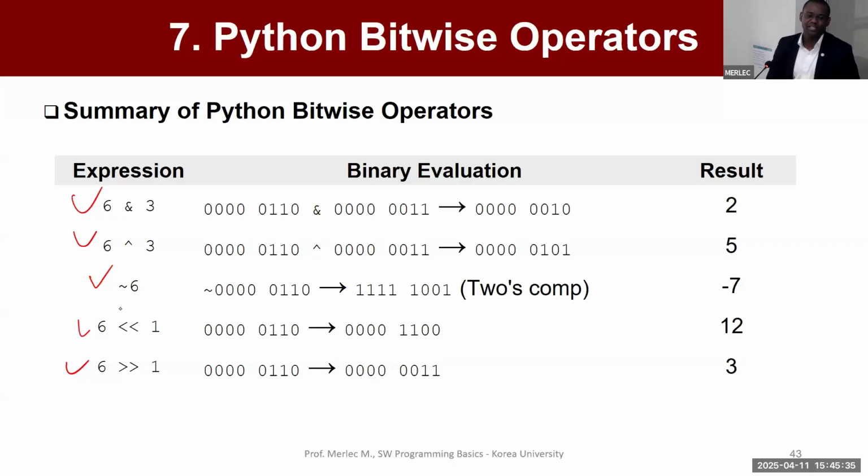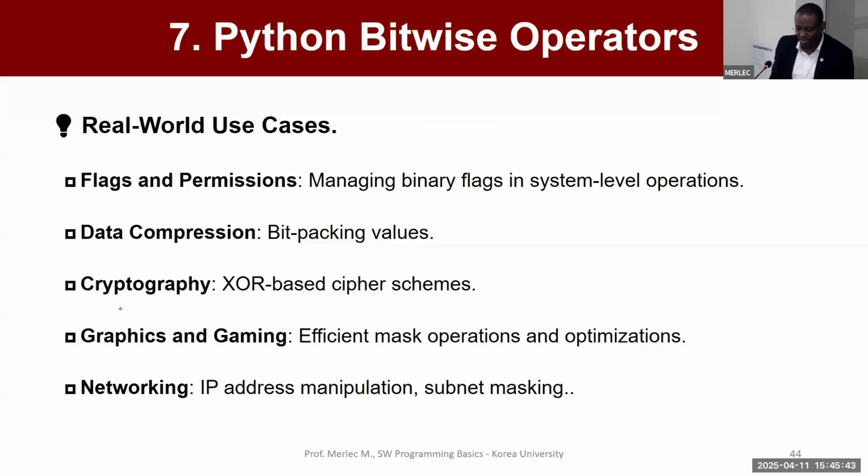The left shift, just multiply the value by 2. The right shift, divide the value by 2. Simple. So as I mentioned earlier, they are used for many use cases in cryptography, in networking, and in some cases for flag and permission management, especially for system level programming, like operating systems.